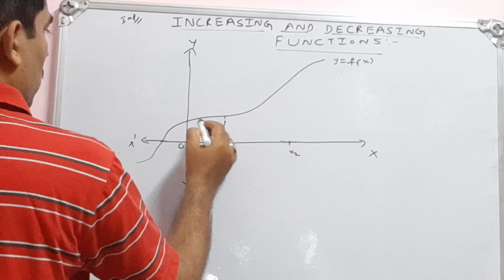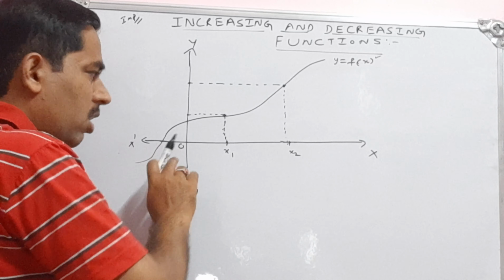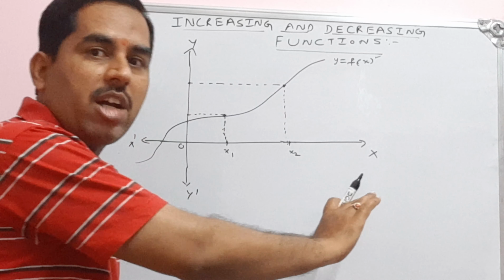Let us consider the function y is equal to f of x. A function is always of the form y is equal to f of x, with a dependent variable and an independent variable. Observe this on the x-axis. This is the origin, and I'm talking about the right side of the origin.